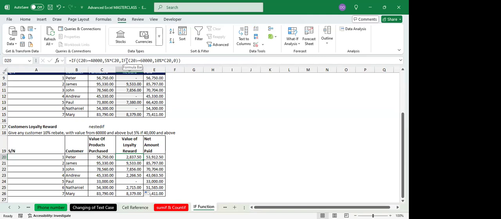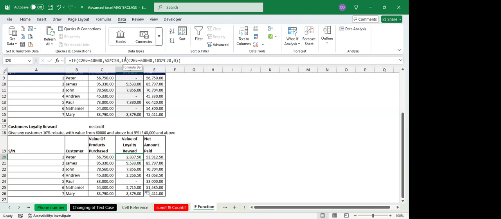Now listen. This kind of function where we use 2 functions, you can see that there are 2 functions there, even though the functions are the same thing, they're both if, but they're actually 2 functions. So in a case where you are using 2 functions in one command, that function will be called a nested function.